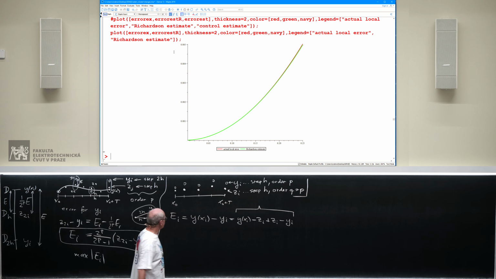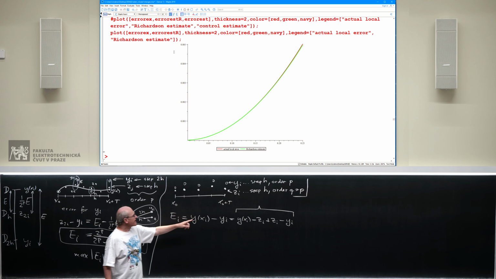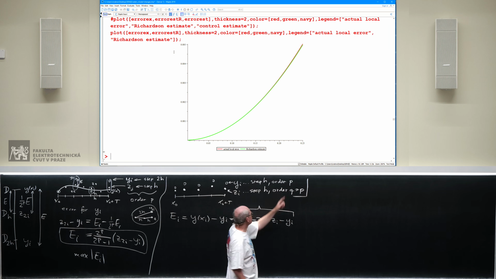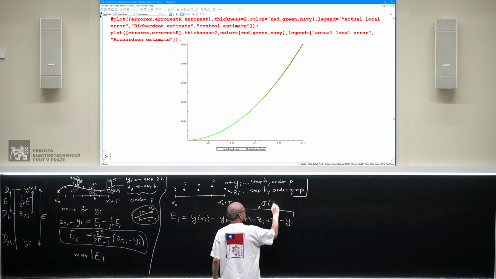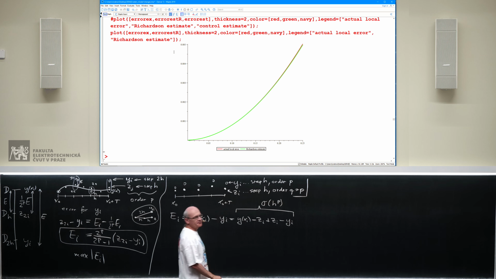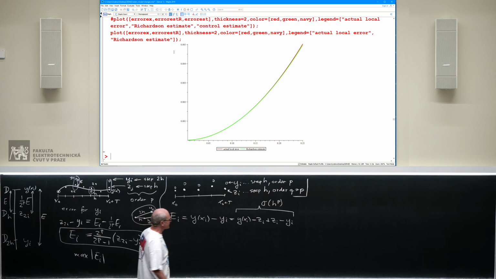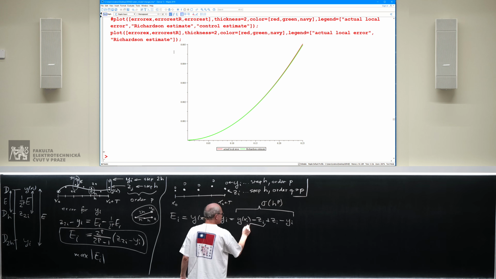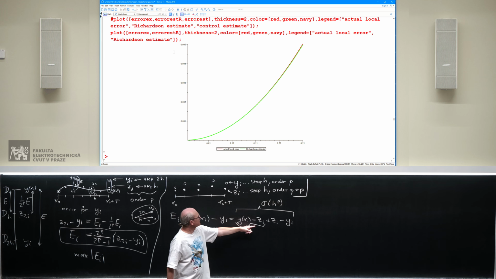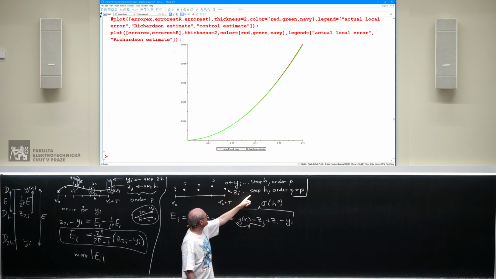But now let's have a look at it. This is the error of the method yi. Because it's a method of order p, this is some expression which disappears at the rate h to p. On the other hand, this group is the error of the method of order q, because it's the error of the approximation zi.